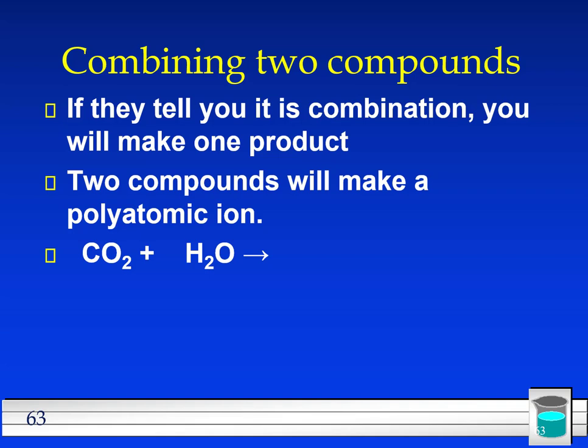Okay. So they tell me this is combination, CO2 plus H2O. So I'm going to have 3 capital letters on the other side. So I got to figure out what polyatomic ion I can make out of CO2, H, and O. Okay, hydrogen carbonate. But that would be HCO3 minus, which would mean I need a positive piece in front of it.